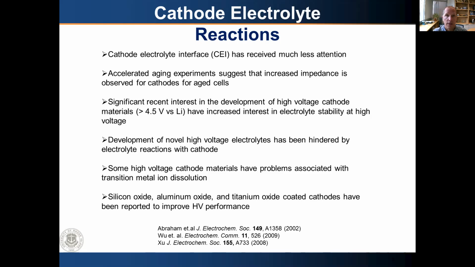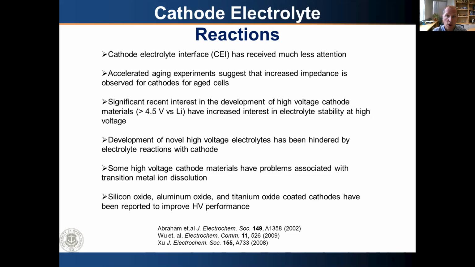However, in modern lithium-ion batteries, where electric vehicle applications and long-term applications such as grid scale storage are critical, and also the development of high voltage cathodes for consumer electronics is critical, the reactions on the cathode have become much more important. Accelerated aging experiments suggest that there is a significant amount of impedance growth on the cathode. In fact, the impedance growth in the cathode is the primary source of the impedance changes within cells.